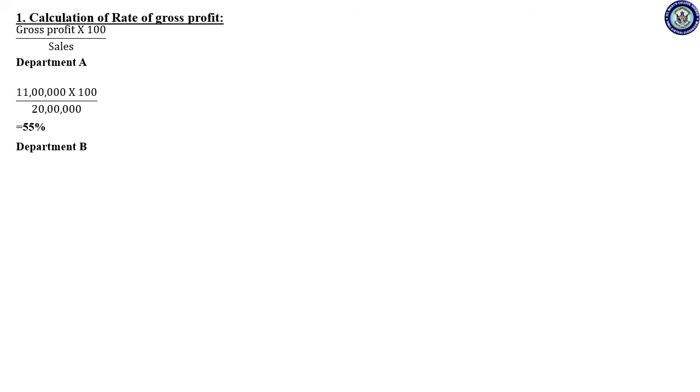Similarly, calculate for department B. So you have to calculate the gross profit rate for department B. The gross profit for department B is 90 lakh 20,000, sale 32 lakh.